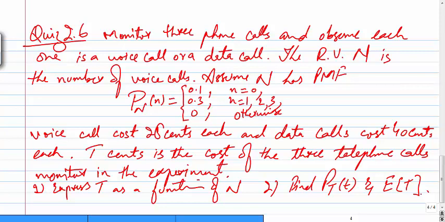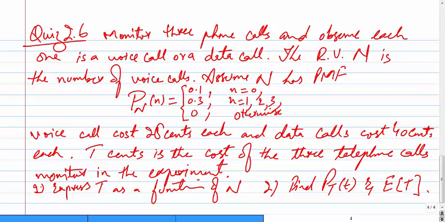So how do we go about it? Now just look at the expression here. It says that you have 3 phone calls and the possibility of each call is either voice or data, but n is actually the number of voice calls.